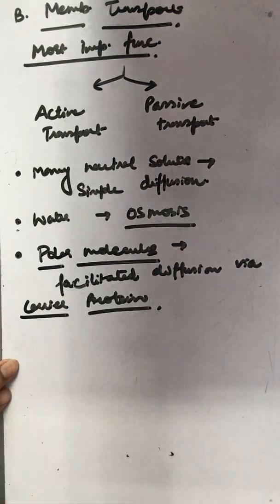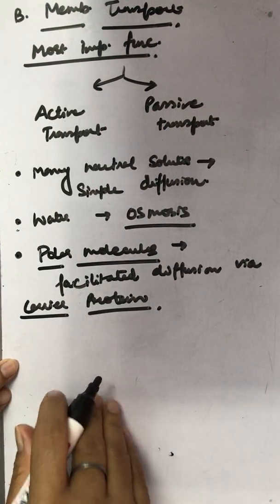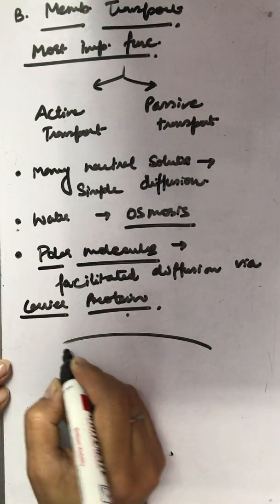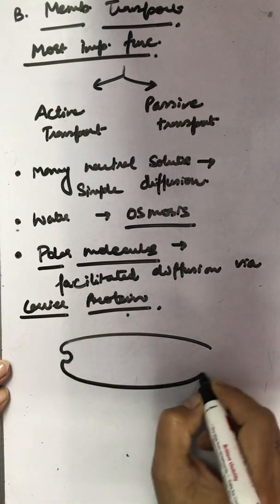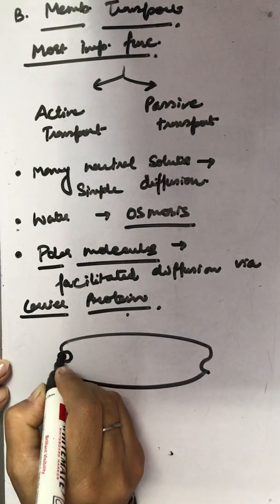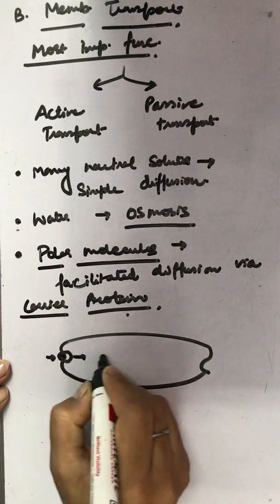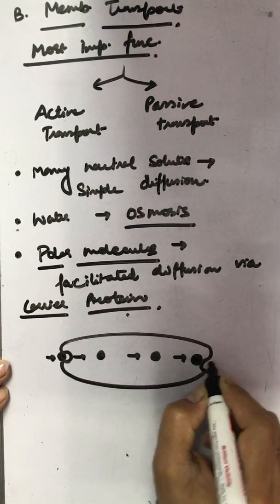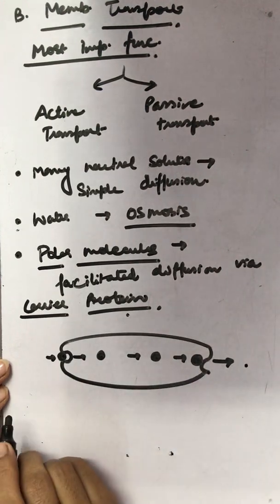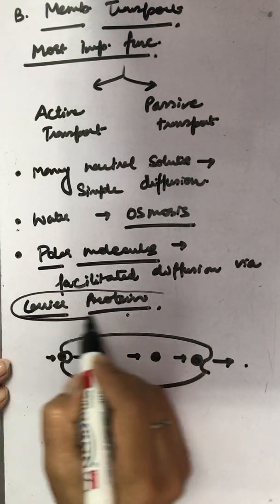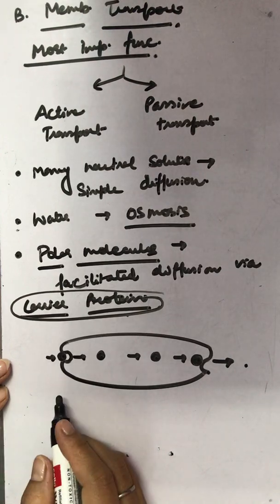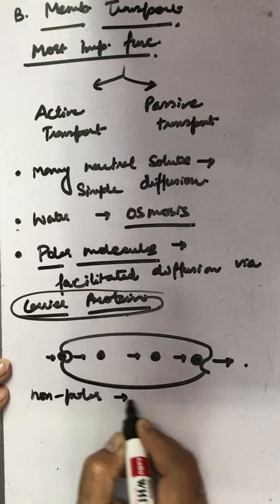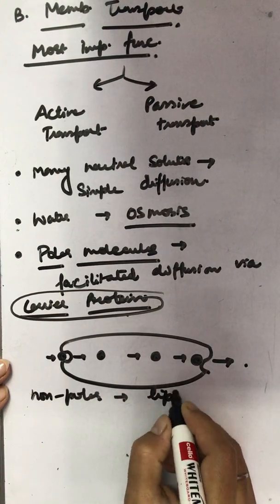And whenever this happens, they pass across using this protein membrane channel. How do they pass across this? They come and fix here, then they move inside, move across, and are released at the other end. This is how they use the carrier protein. And non-polar solvents, they pass across the lipid bilayer easily.